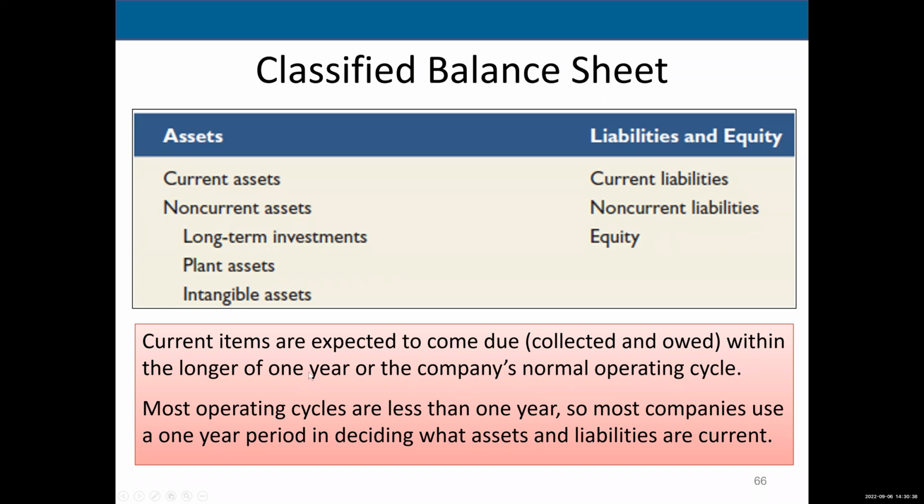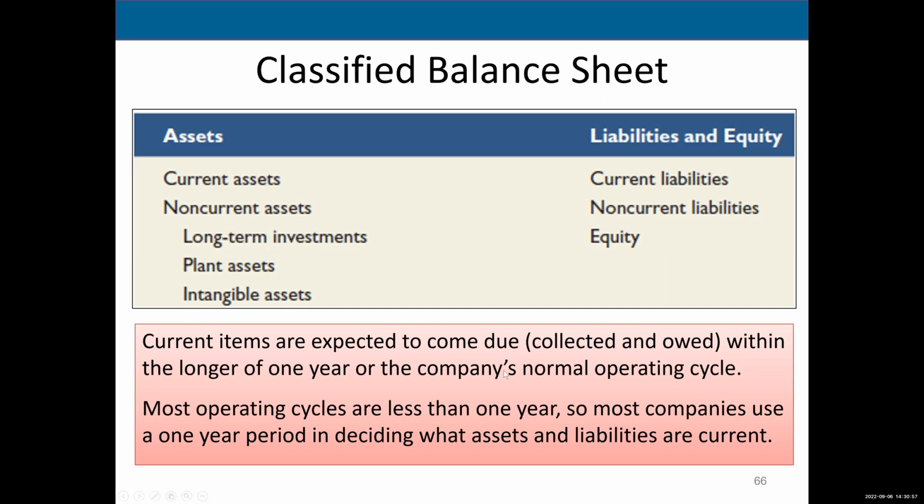Okay, so I've been a CPA for decades now, and I've never seen anyone that has an operating cycle over a year. So basically, all you have to remember is the 1 year mark.